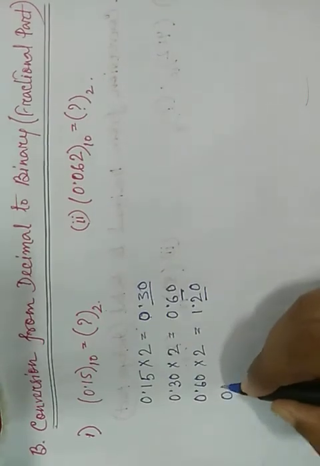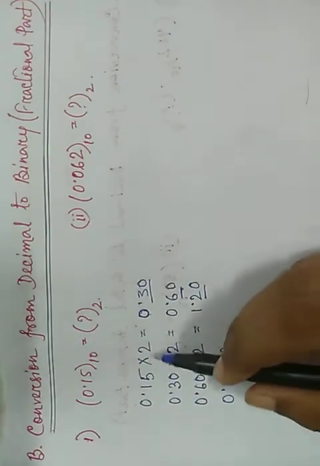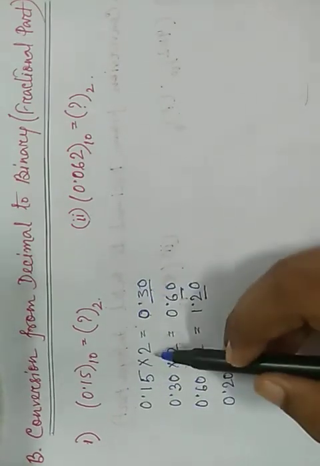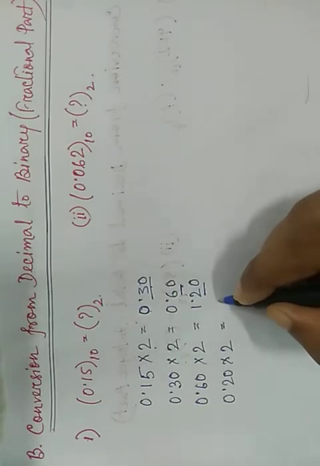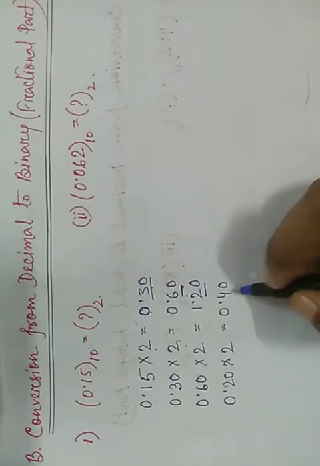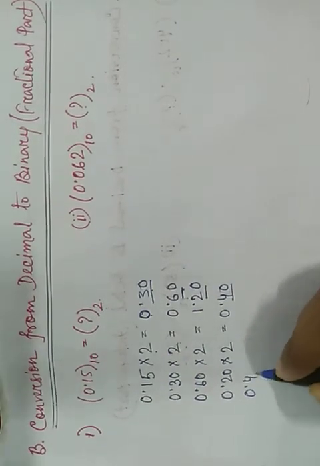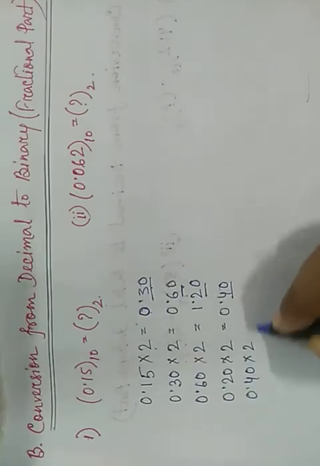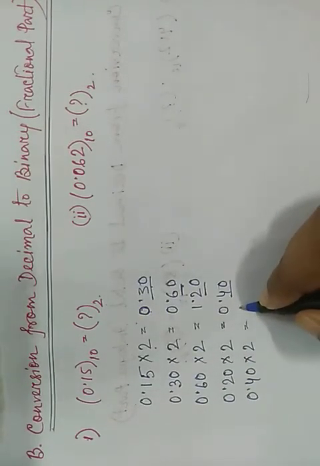Now take 0.20 into 2. Each time we have to multiply the fractional part by 2. So it is 0.40. Again 0.40 by 2, it is 0.80.